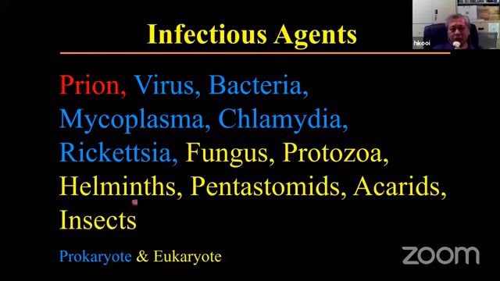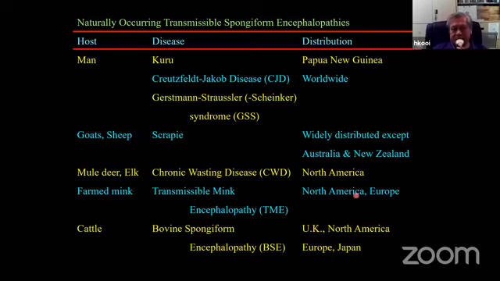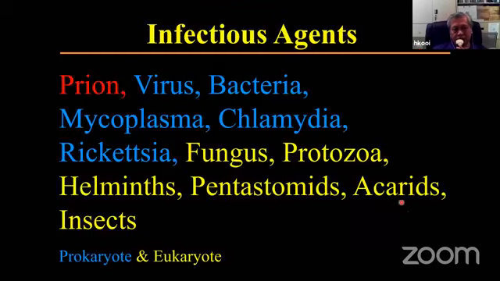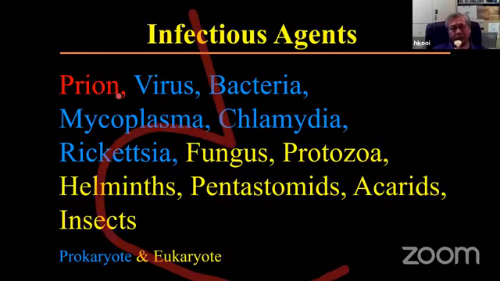And these are all blue because they are prokaryotes, that means they do not have a nucleus in their cell. And the yellow ones are fungus, protozoa, and these are eukaryotes, that means their cell contains the nuclear membrane, and most of the chromosomes are packed inside the nucleus. So this is just for the students' reference.